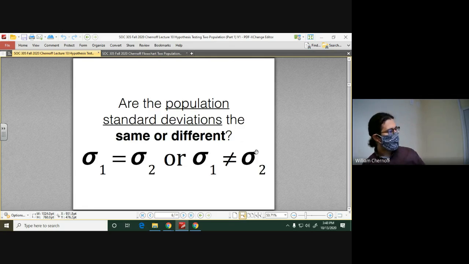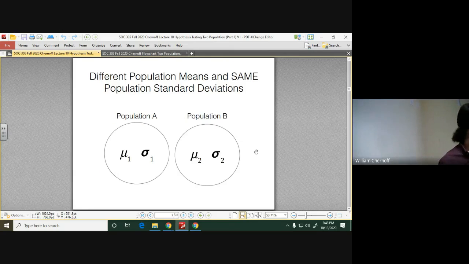And this is important. So here we might have two populations. Maybe population A consists of everybody who identifies as male, and we'll just say population B consists of everyone who identifies as female. So this is a population, and that's a population. One thing we can notice is that the population averages for these two groups are different.